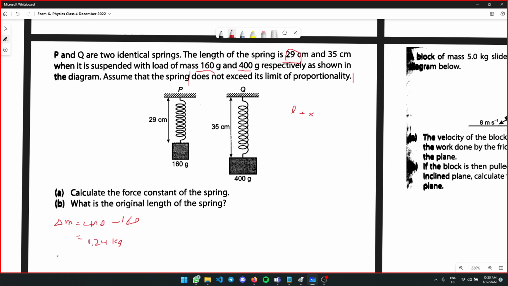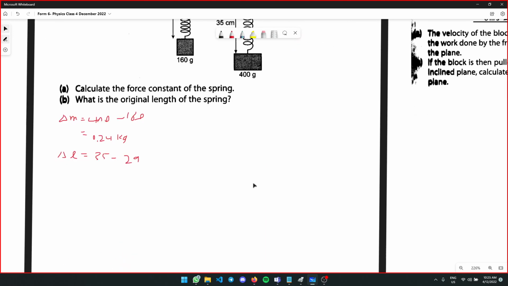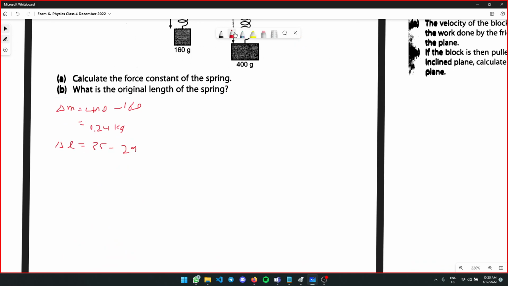Then you find the difference in length, so that is 35 minus 29. You get roughly 0.06 meters.